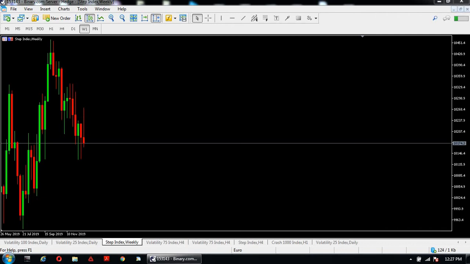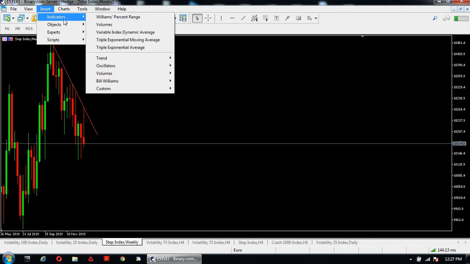Yes, so we can clearly see from the weekly time frame, the step index pair, the structure of the market is bearish. You can see the structure of the market is bearish, with the market making series of lower highs and lower lows from way back September 2019.